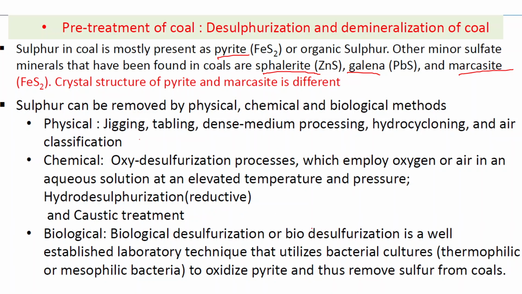Chemical techniques involve oxydesulfurization, hydrodesulfurization, and caustic treatment as well. As we know, sulfur is acidic in nature, so if we use an alkaline medium such as NaOH, it can neutralize it and we can separate out the sulfur. And biological desulfurization is done using various bacterial cultures.